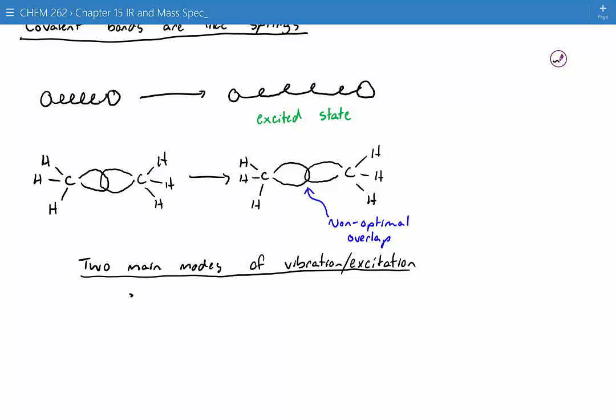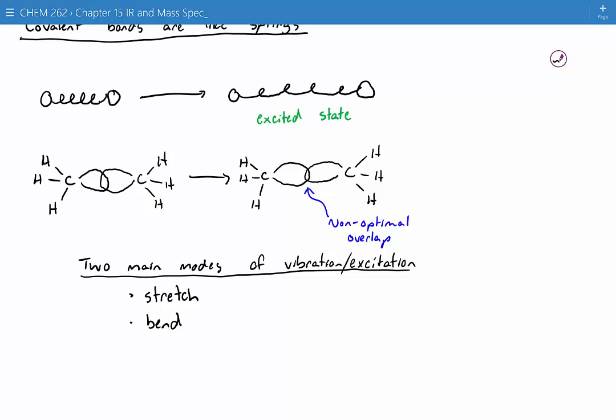We can either stretch, as in the example where we're looking at the spring above, or we can bend. Both of these are analogous to springs, right? So we could take a spring and we can bend it, or we can stretch it.